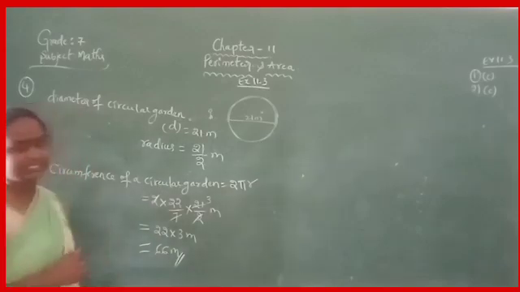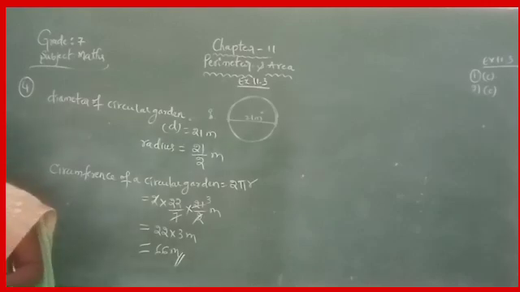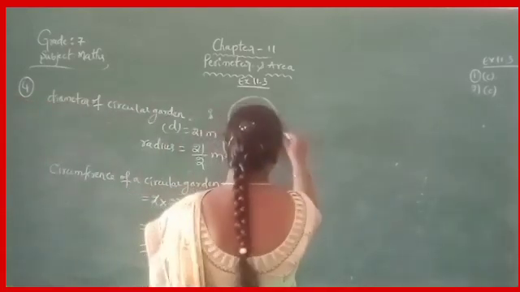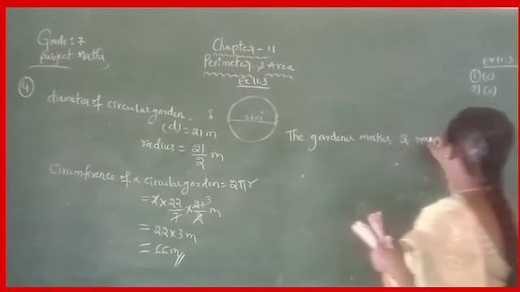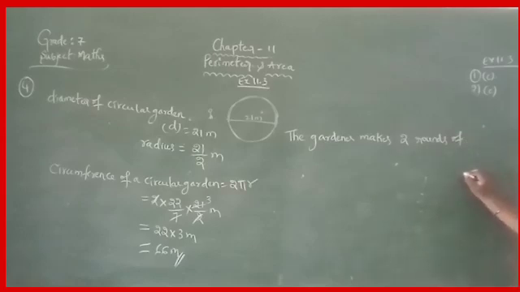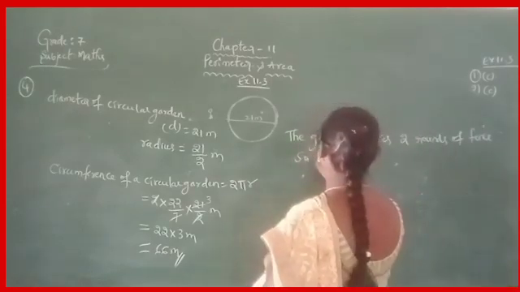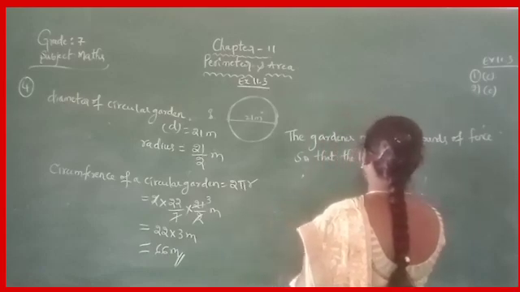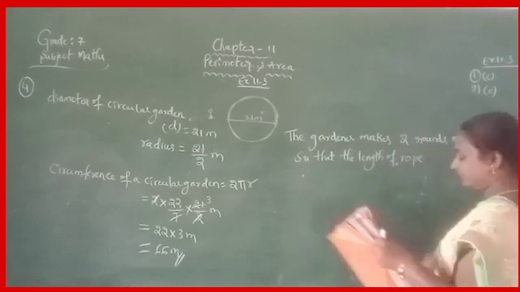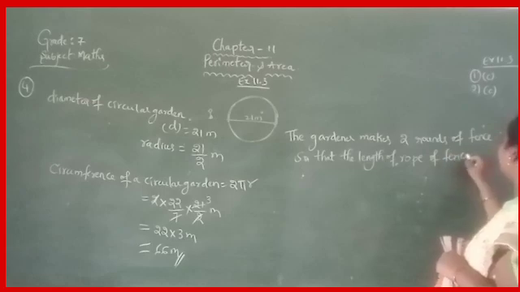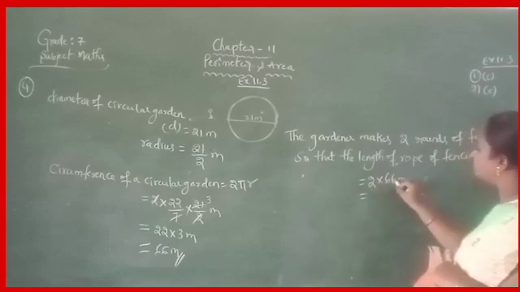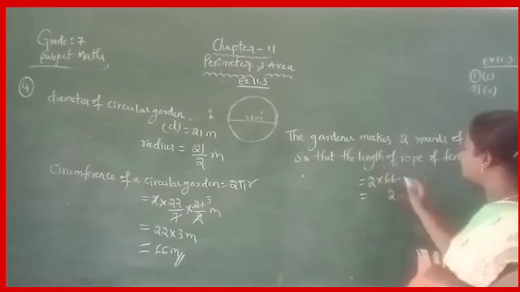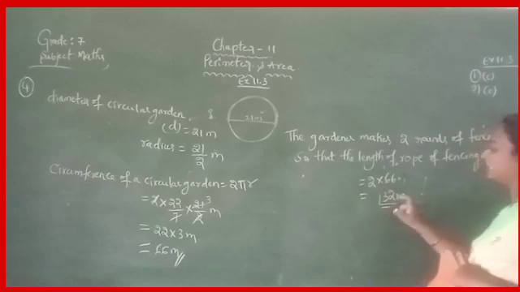Here you have to write: the gardener makes 2 rounds of fence, so the length of rope for fencing is 2 into 66 meters. 2 sixes are 12, again 2 sixes are 12, so 132 meters. So total 132 meters.